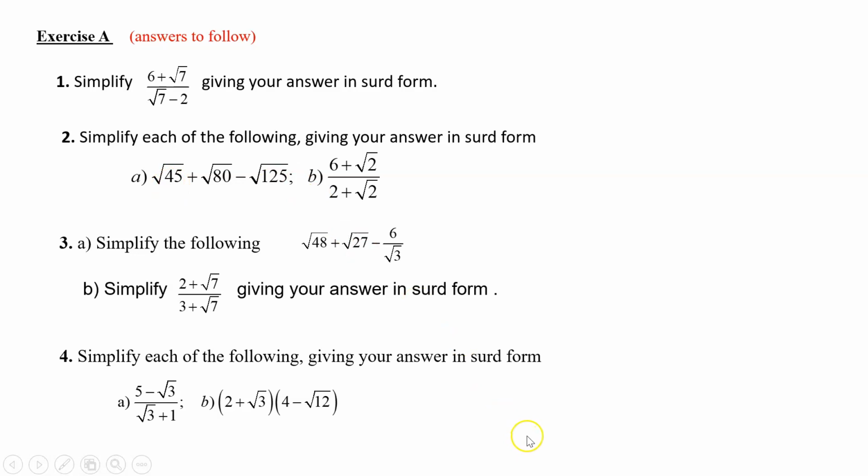Try and do them without the calculator, because they could be on paper which will not allow you to use a calculator. If you want to stop the video to do them now, do so, because the answers are following, or you can do them at the end and cover the answers. Answers are coming now.